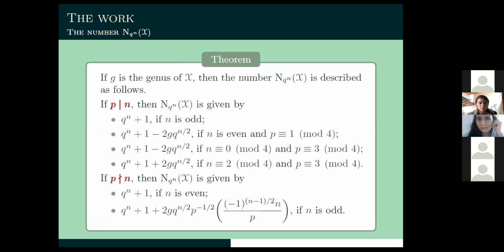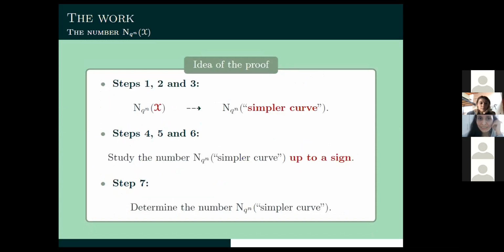I will not present the full proof of this result, but I would like to present an outline and some ideas. What we did in this case is separate it into 7 steps.